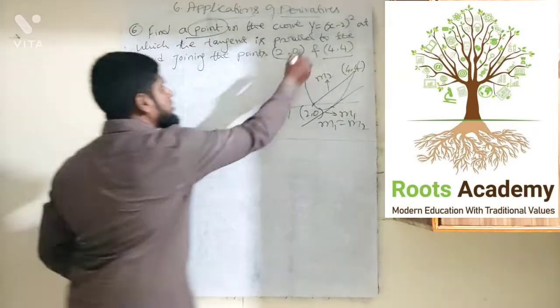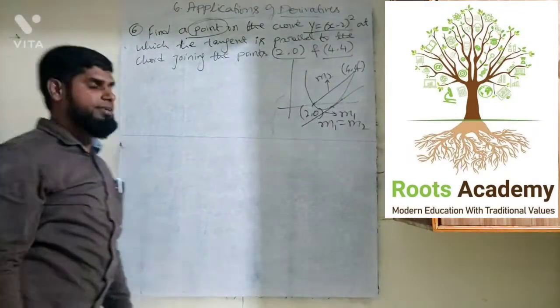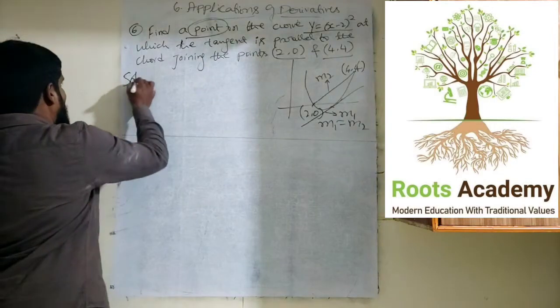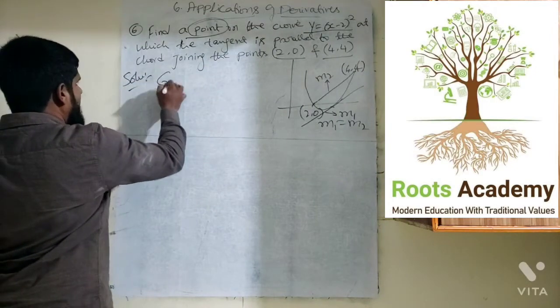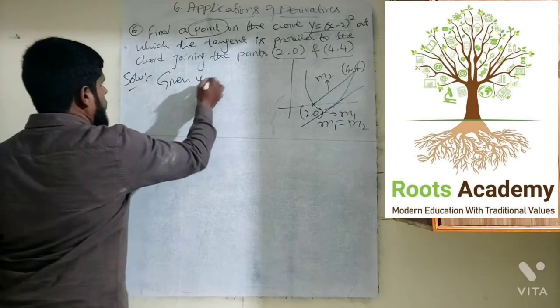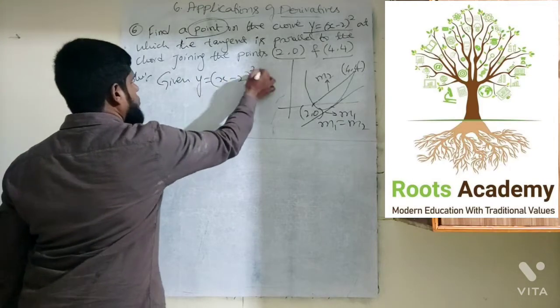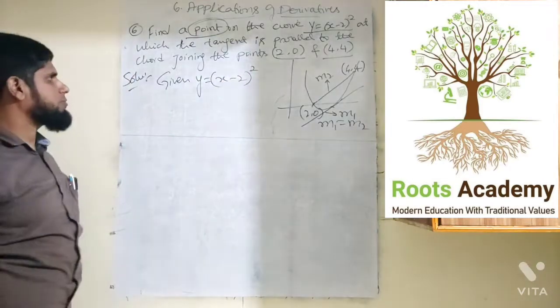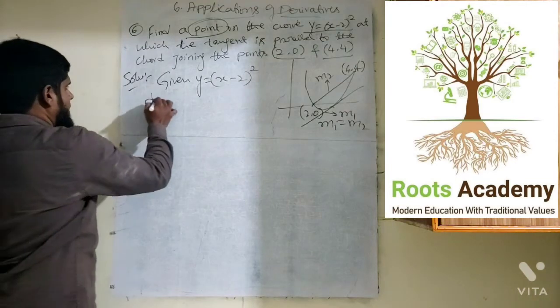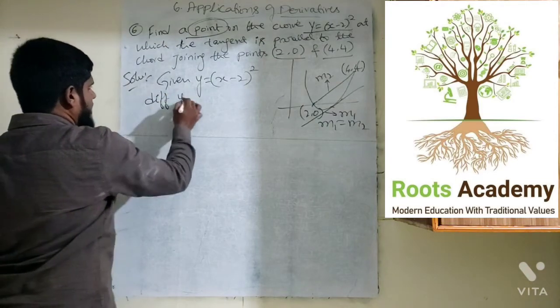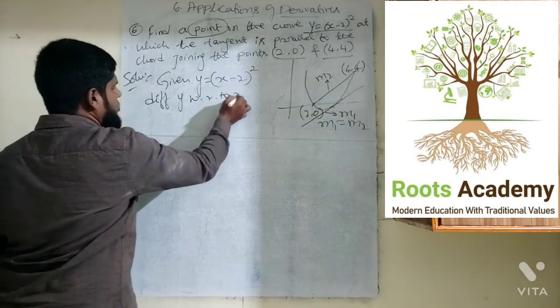But for this, first let us differentiate. Given y is equal to (x minus 2) whole square, differentiate y with respect to x.